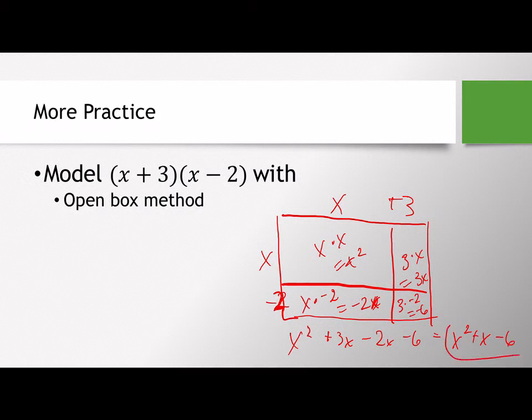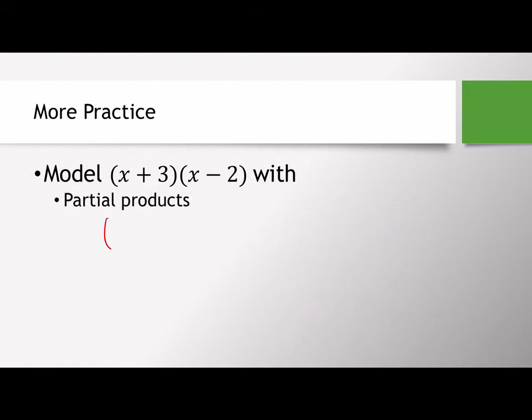With the partial products method, we're going to go ahead and use the distributive property. We take this whole thing times x, and this whole thing times negative 2.